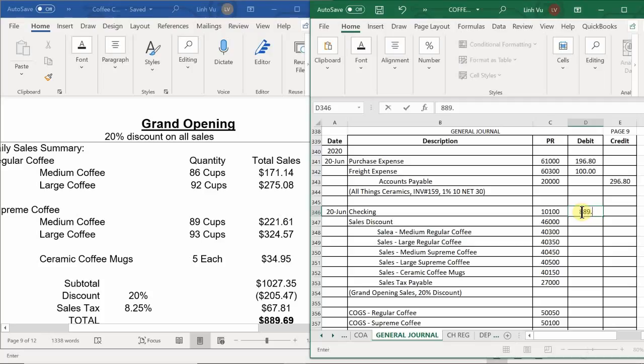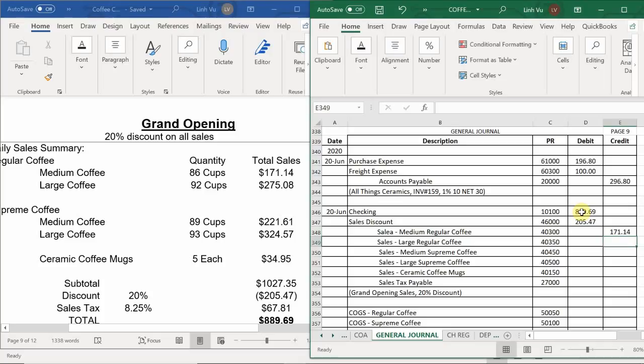889.69. Good. How much was my discount for? 105.47. Good. How much was my sales for the regular medium coffee? 171.14.